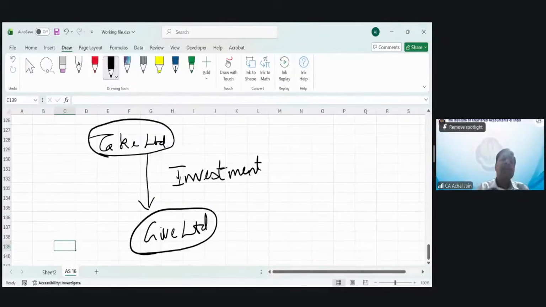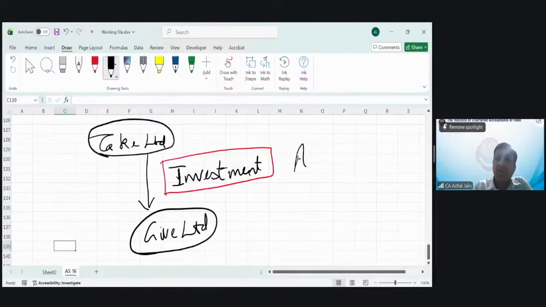So will you call this investment an asset or not? That's my first question, Anil. Tell me. No, sir, it's just an investment, not an asset. So is an investment not an asset? Yes, it's an asset, it will show in the balance sheet as an asset. Will you call this an asset or not? Yes, sir, it's an asset. Okay, we'll call it an asset.